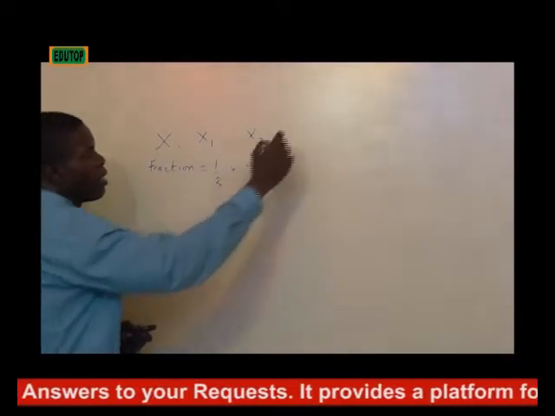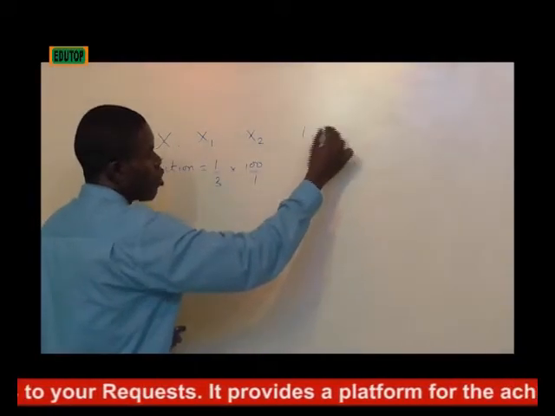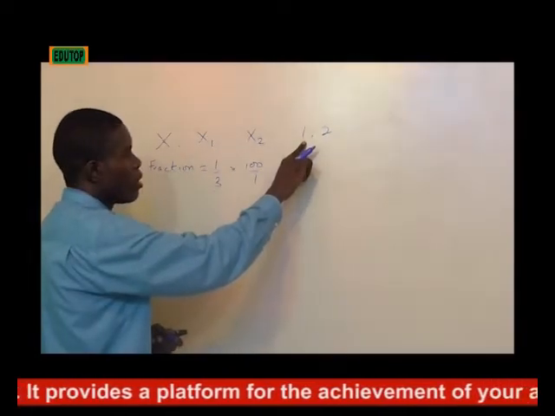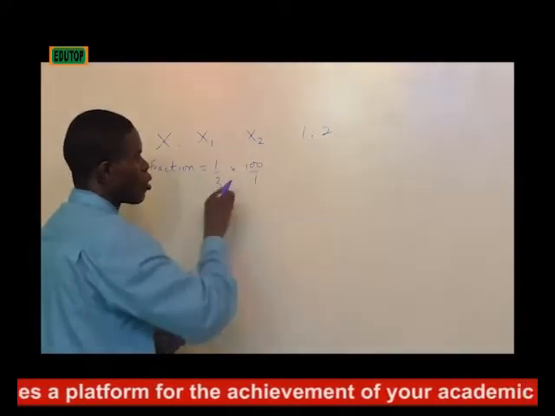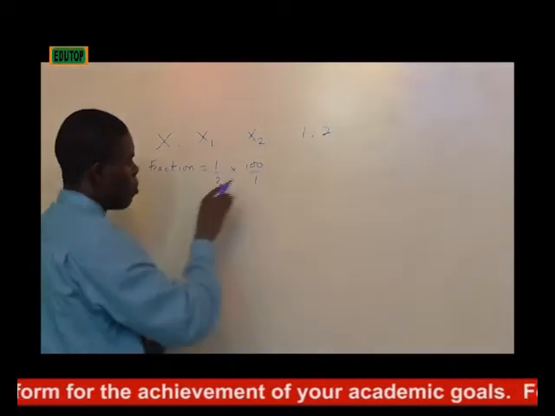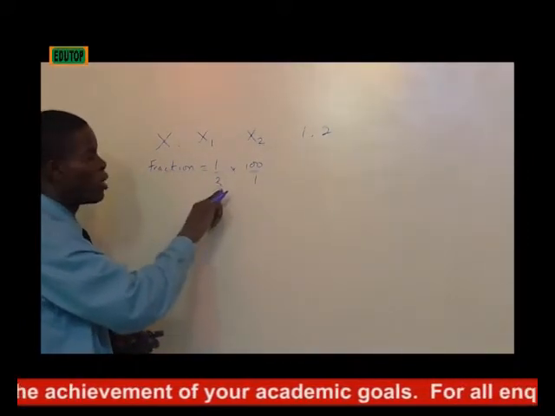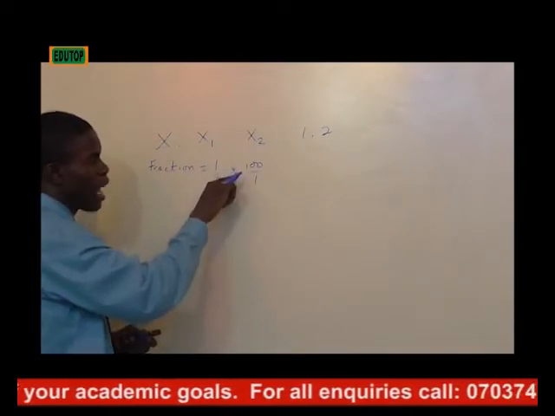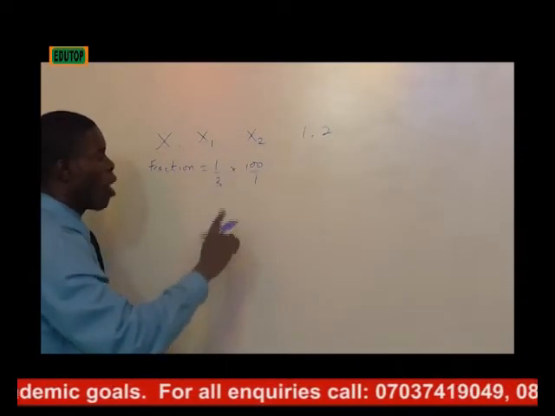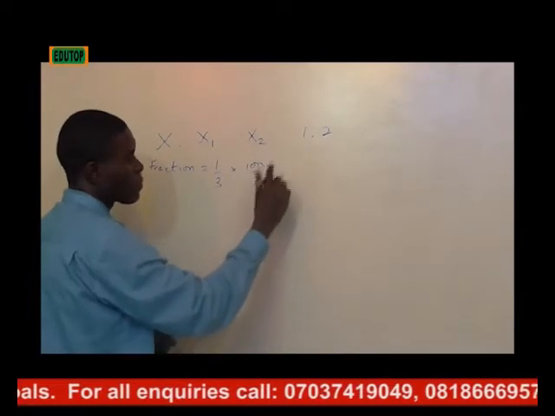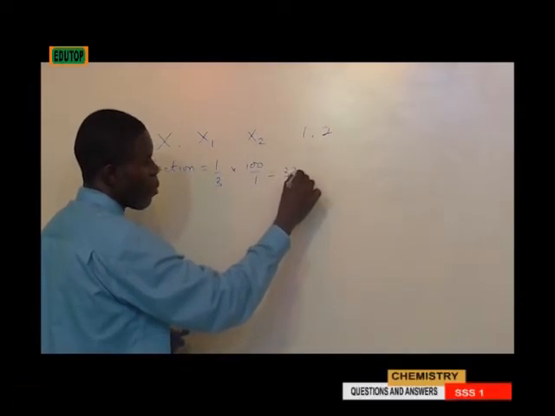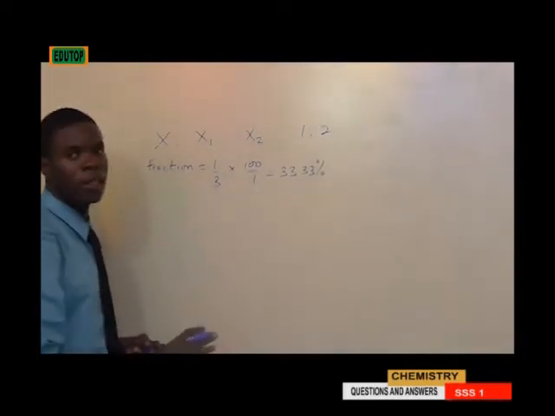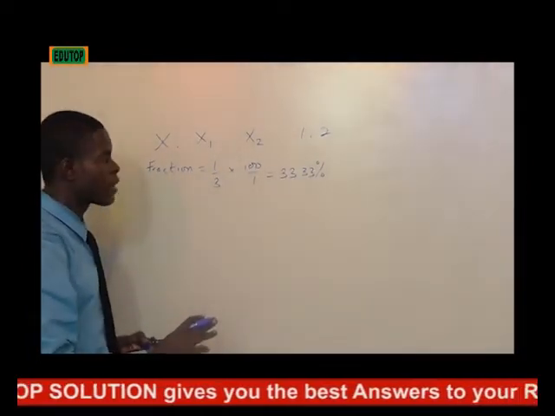This 1 is the ratio of x1 from the question, while 3 is commensurate with 1 plus 2, making it 3. So the fraction is 1 over 3, and taking it to percentage is times 100 over 1. And this gives us 33.33% for x1.